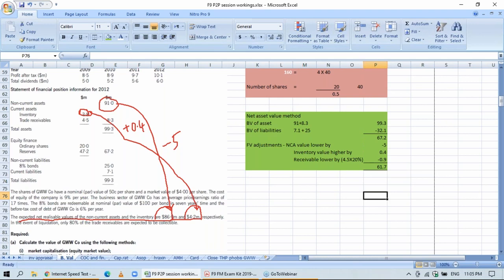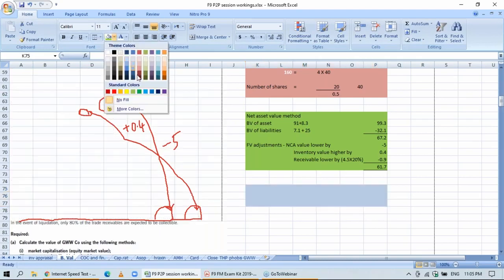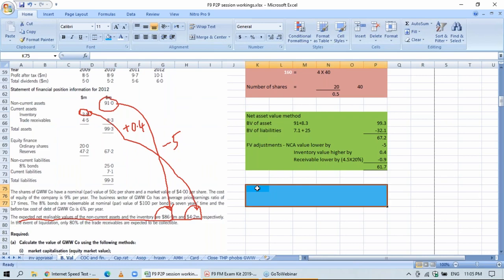So two methods done: market capitalization, then the net asset value method, and then it is the price earning ratio method. Next one is the price earning ratio method. So let's calculate it. P for price and E for earnings.